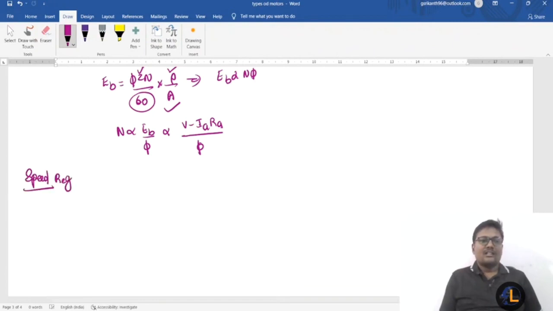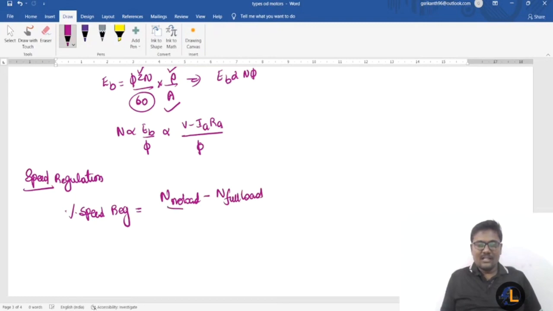So for a motor, as we discussed in the previous lectures, if you want to know the machine's performance, we have to see the efficiency and regulation. And if it is a generator, we should concentrate on voltage regulation. If it is a motor, we should concentrate on speed regulation. Percentage speed regulation is equal to no load speed minus full load speed divided by full load speed into 100.